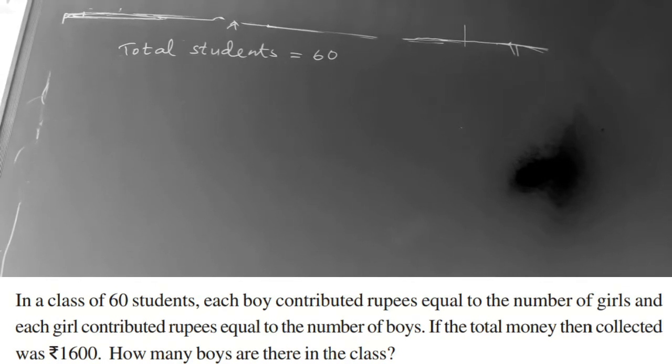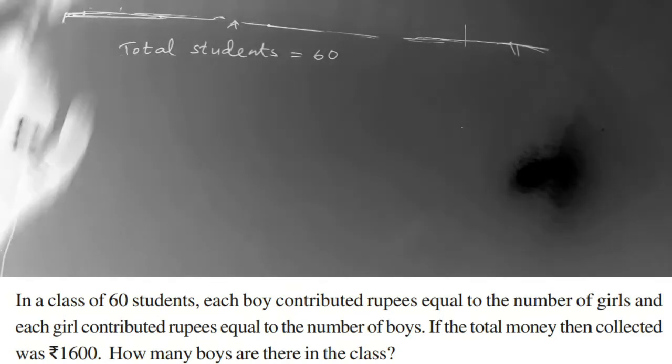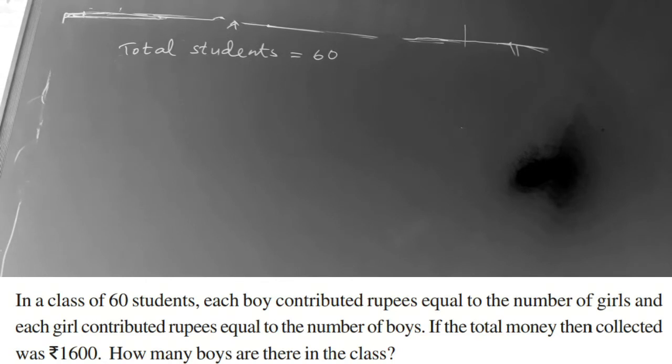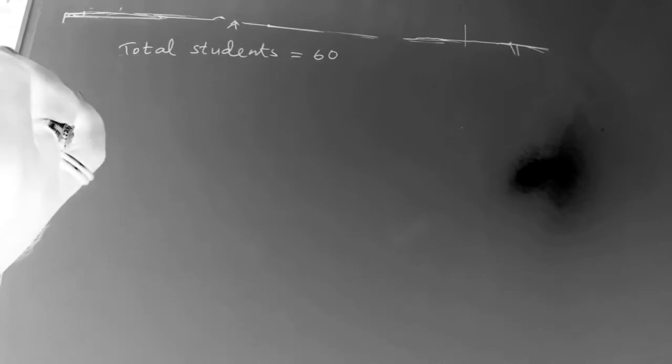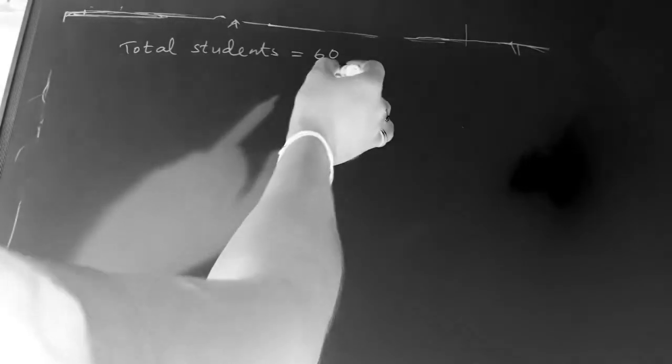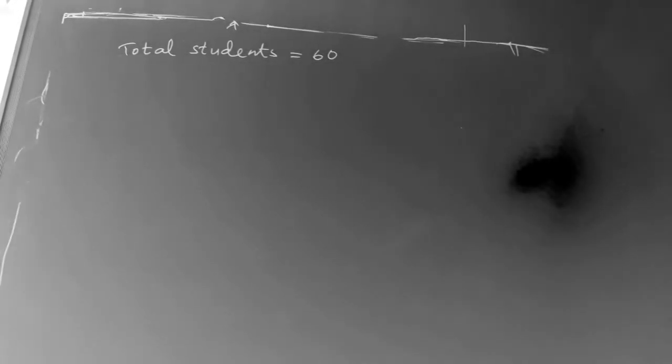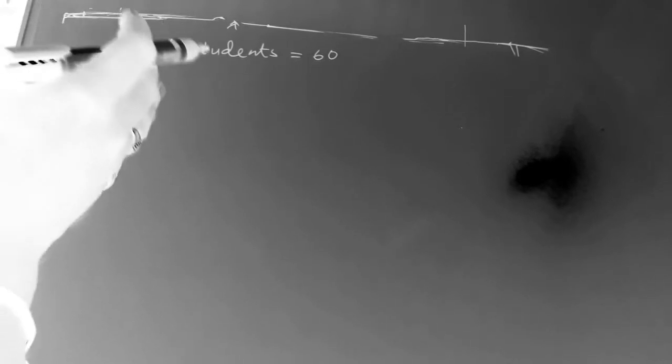The condition is that boys contribute rupees equal to the number of girls, and girls contribute rupees equal to the number of boys.